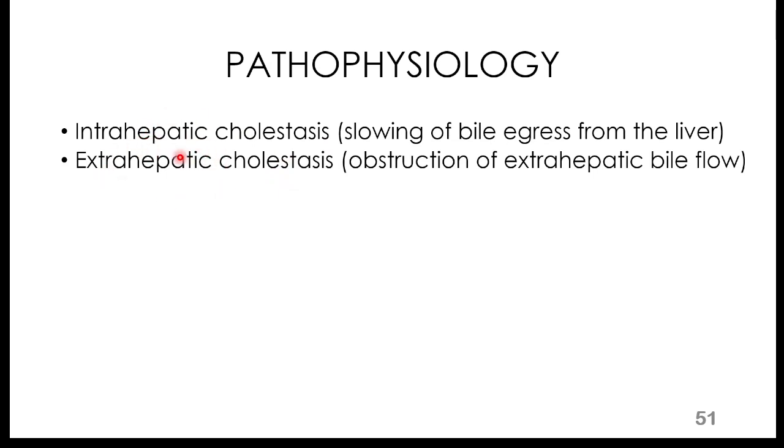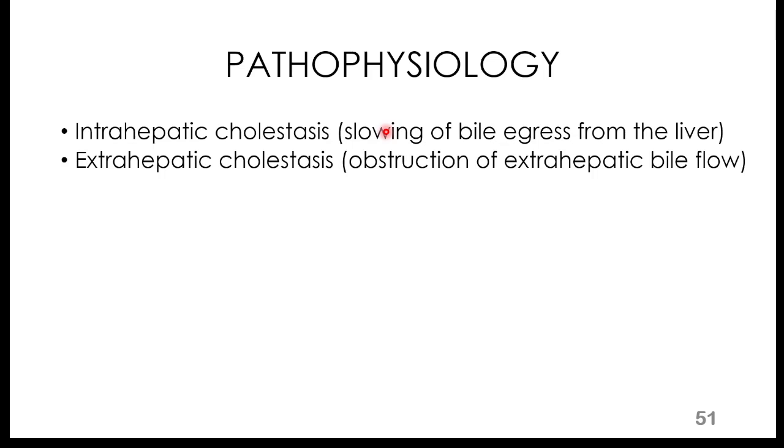Intrahepatic in the sense that the hepatocytes have already conjugated the bilirubin, but while still within the liver, the conjugated bilirubin cannot move further, usually due to some obstruction. It cannot leave the liver. Or it could be extrahepatic cholestasis, such as obstruction of bile flow within the bile duct, the common bile duct, taking bile from the gallbladder to be secreted into the intestines.